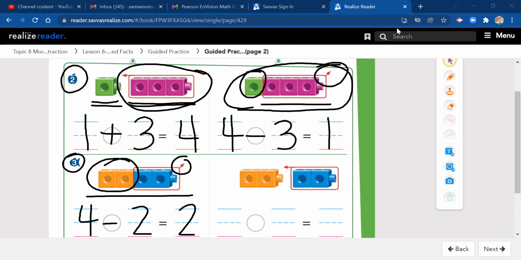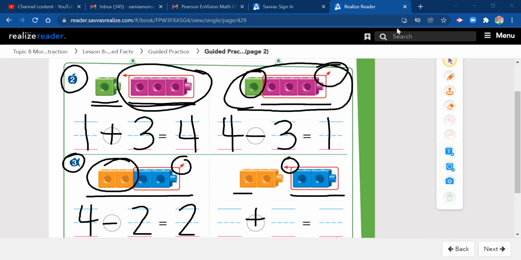Let's look at our next problem. What is it telling us here? The arrow is pointing towards the other cube. So what is that telling us? Are we taking away or are we adding this group of cubes? We are adding, so we put a plus sign.